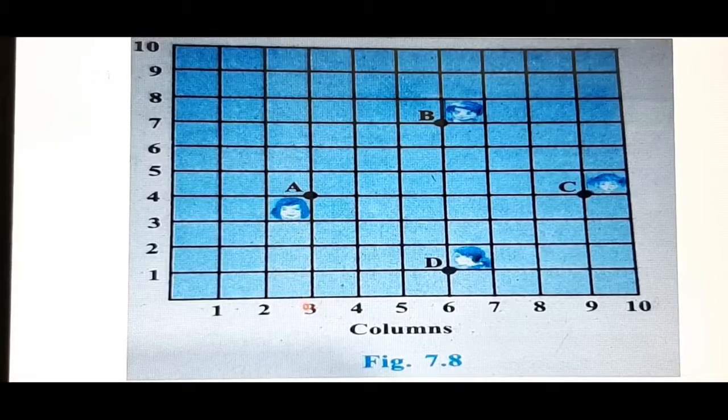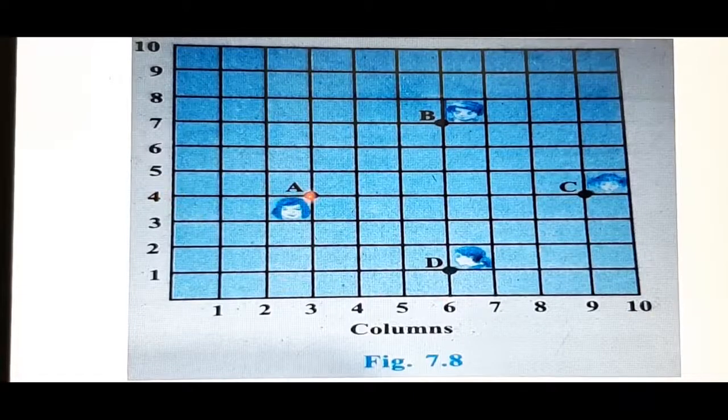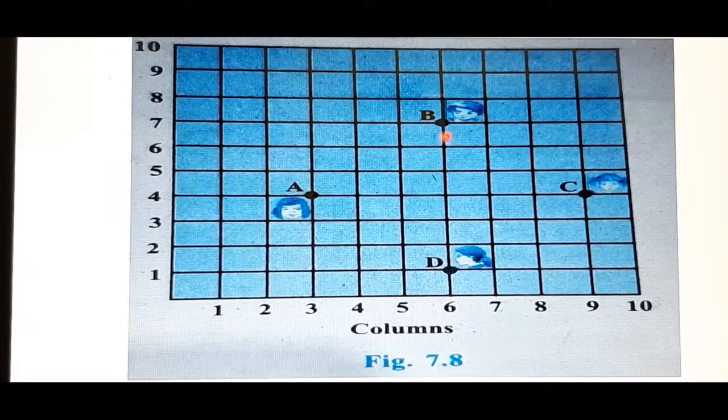The value of x is 3 at point A, and now you have to look opposite on the y coordinate. This is the y coordinate and this is the x coordinate. Opposite to A it is 4. So the coordinates of A are 3 and 4. The x coordinate you always have to write first, then the y coordinate. So this point is 3, 4.